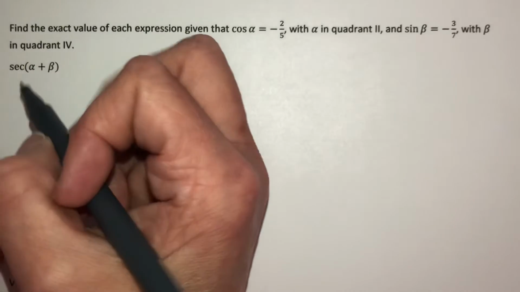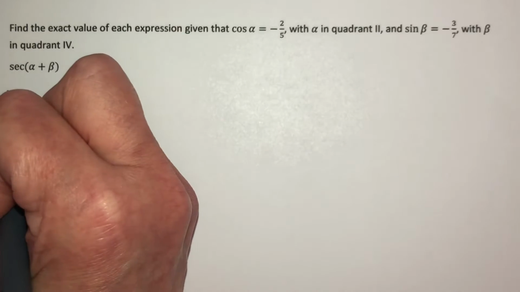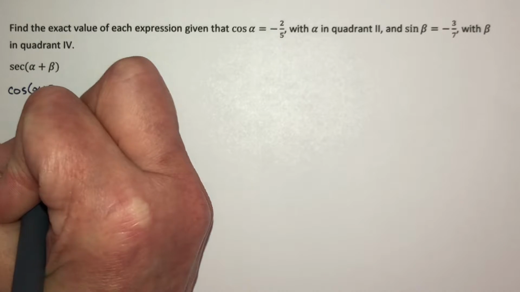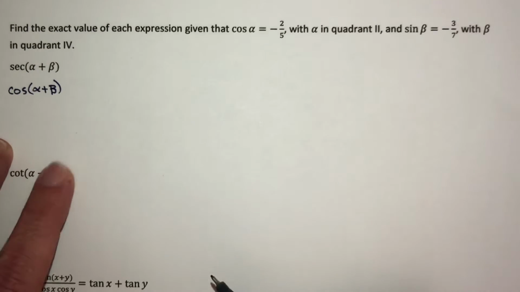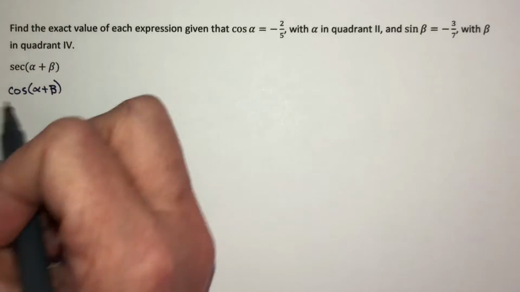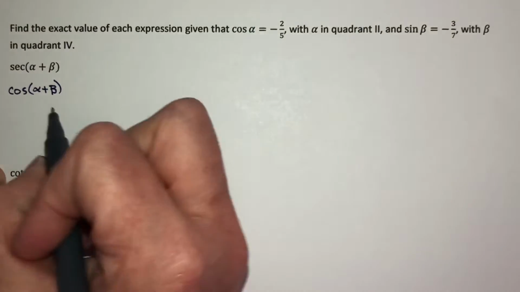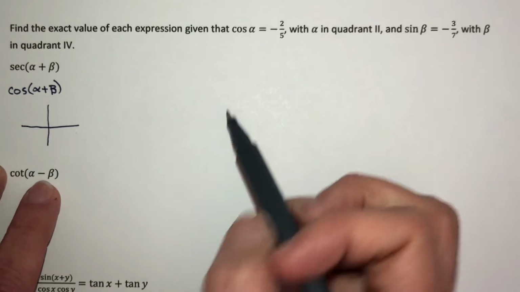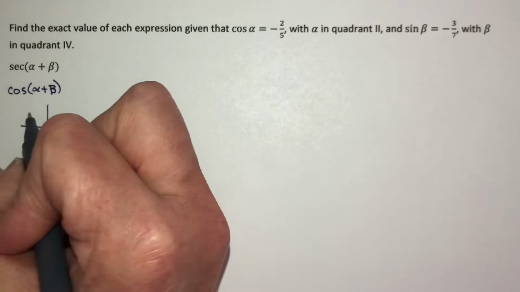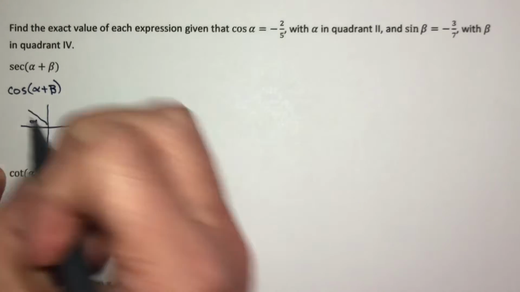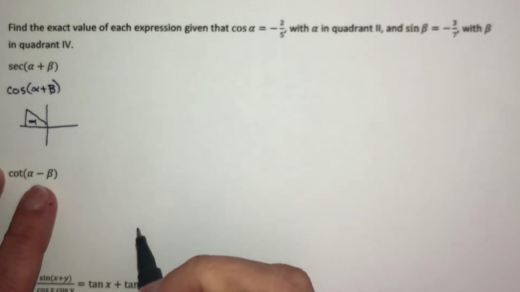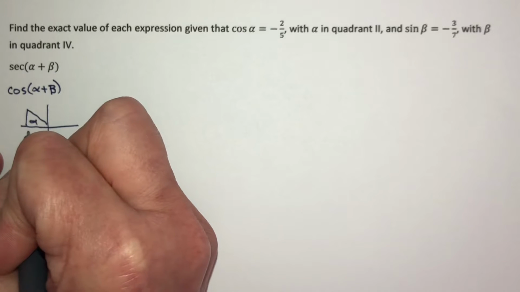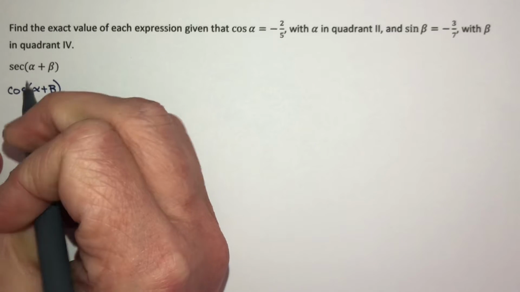Okay, so here, the first thing we're really going to need to find is cosine of alpha plus beta, and then we'll find the reciprocal of it for secant. Starting right here, if we have our coordinate system and alpha is in quadrant 2, we have 5 up here.